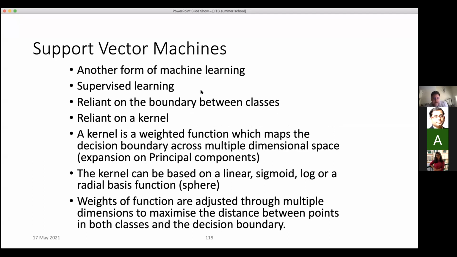So it's a supervised learning approach, and it effectively defines the boundary between individuals in different classes. What's the decision boundary between individuals who have cancer versus individuals who are healthy? And what it relies on is what's called a kernel. And the kernel is the function that maps the boundary between the two different individual groups.